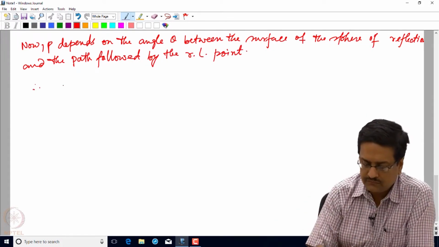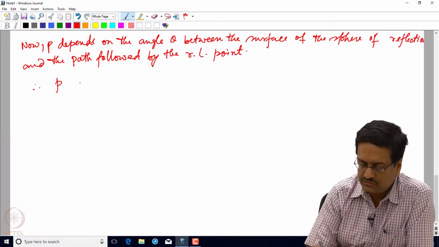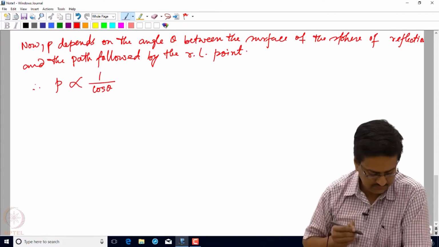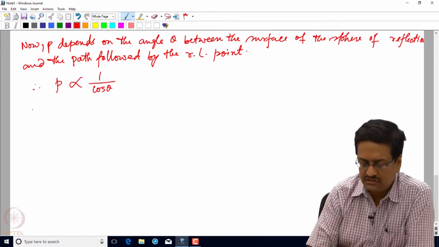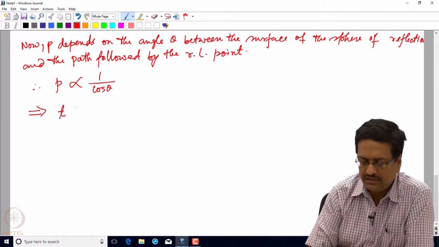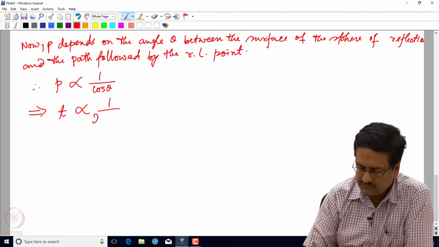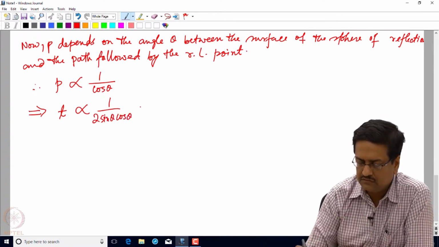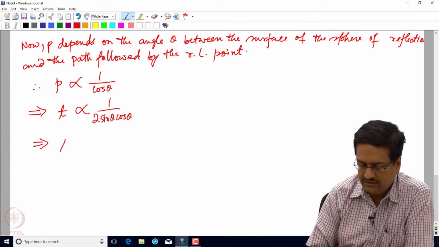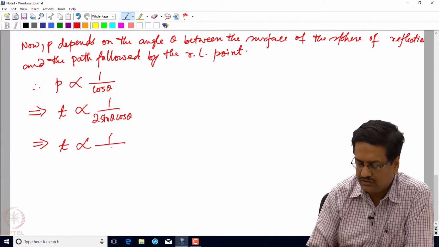Therefore, it is easy to show that p is proportional to 1 by cos theta, which implies that t is proportional to 1 by 2 sine theta cos theta. That means t is proportional to 1 by sine 2 theta.